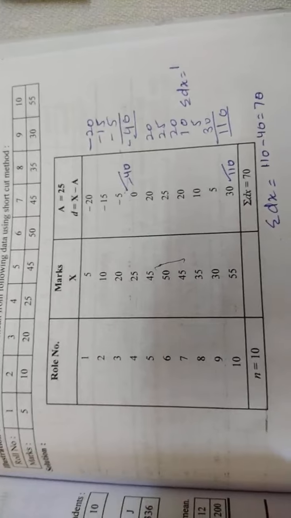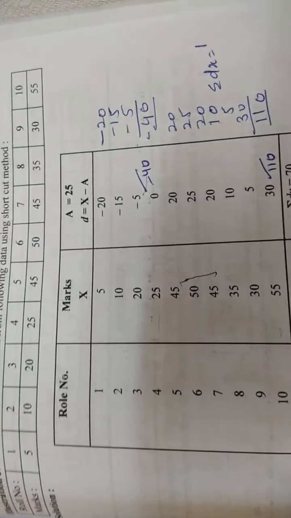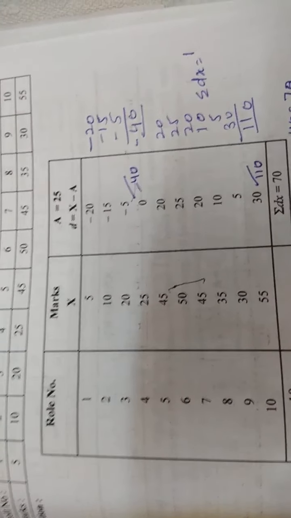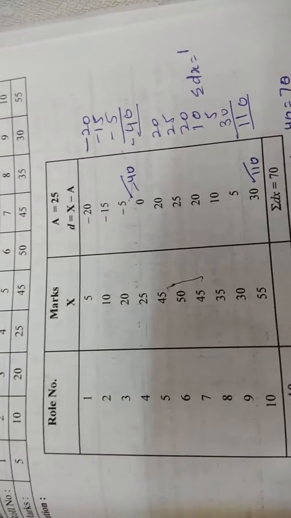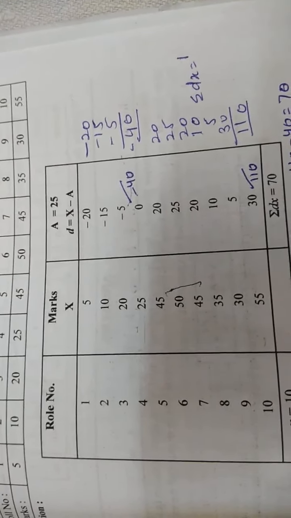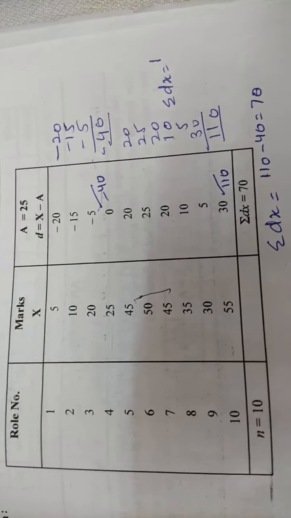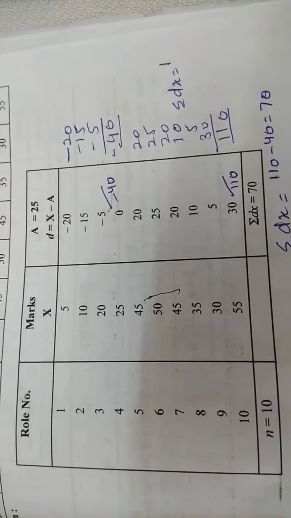For taking the sum of deviations, we add minus figures separately and plus figures separately. Total of minus figures is minus 40, total of plus figures is 110, and our total is 110 minus 40 is equal to 70.